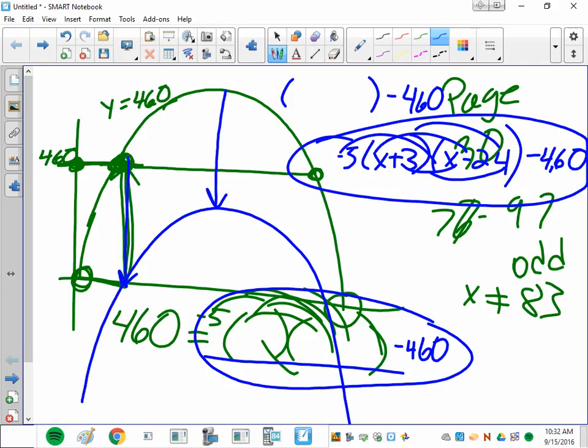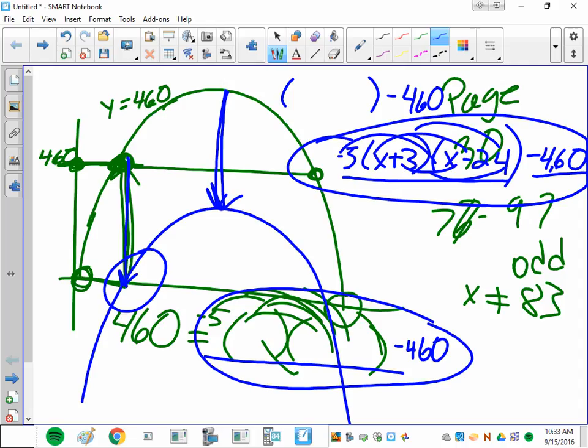You plug in the formula like this and subtract 460, and then that will drop the graph from the original graph down to here, and this root will be the one you want. You could graph the original and just keep plugging in x's until you get y equals 460. Or you can bring it down to the x-axis and ask the calculator to find the root.